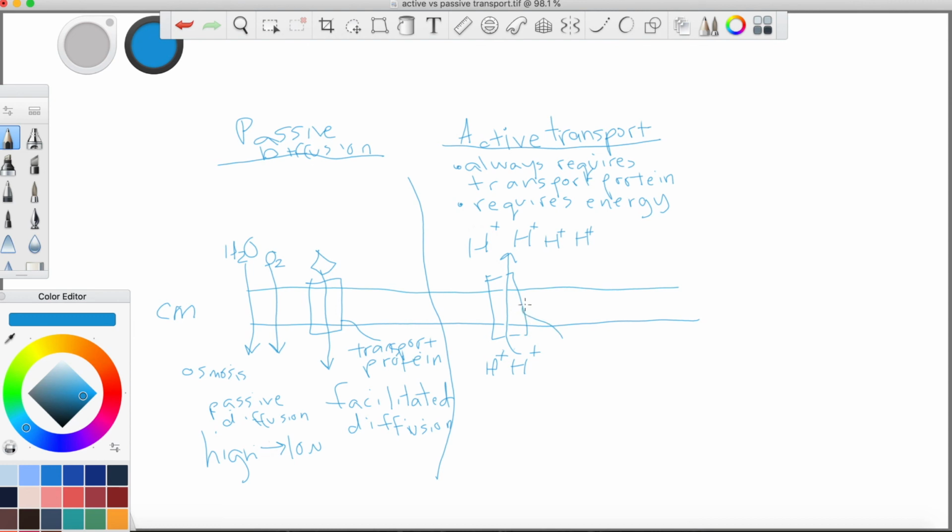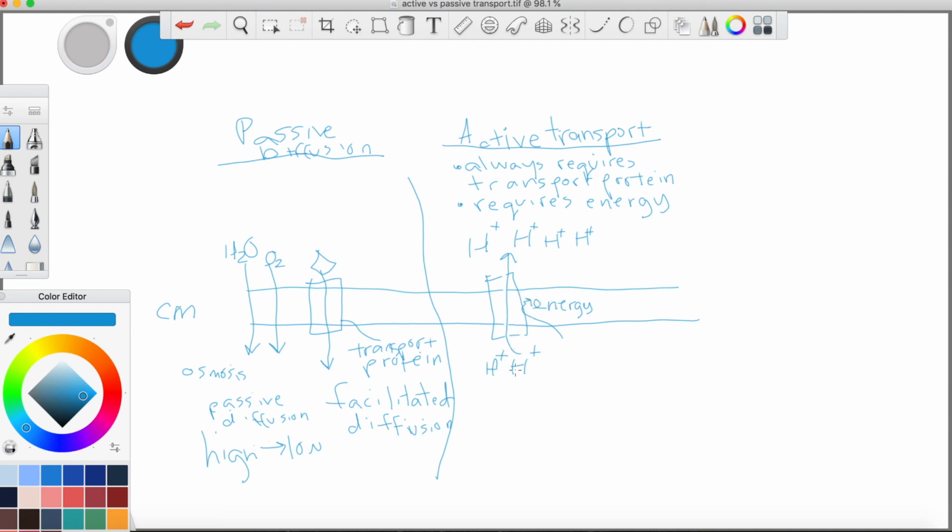So I'll also say that energy is required. In this example, the energy is in reduction oxidation reactions, so you'll actually see electrons being passed back and forth in these transmembrane proteins, but we'll get into that in the next chapter.